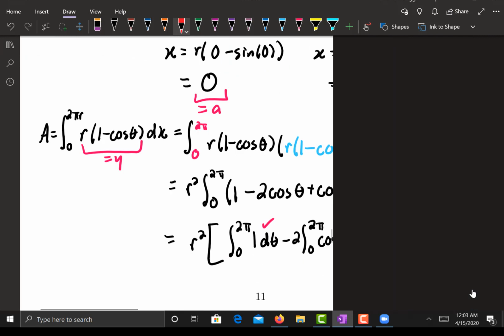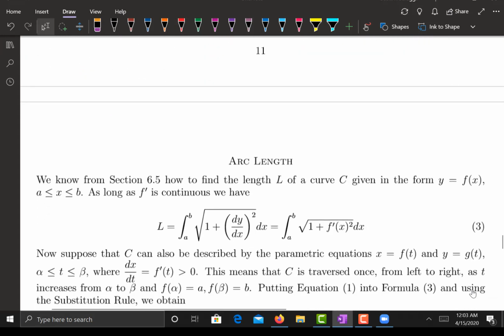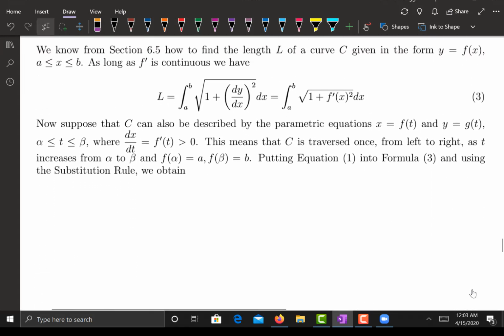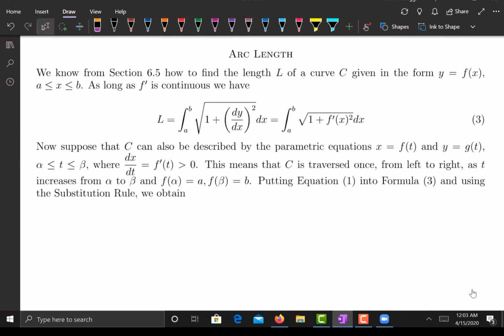We're talking about how we can use calculus on parametric equations, because we could talk about it again for arc length. Since it's been a very long time since we talked about arc length, here's the formula that we have back from section 6.5 of this course. I can rewrite this in terms of a parametric equation.